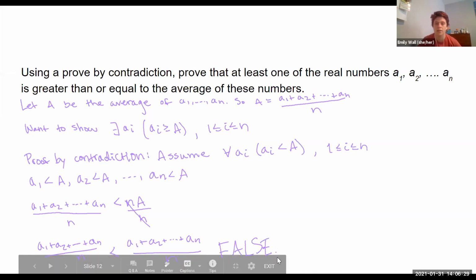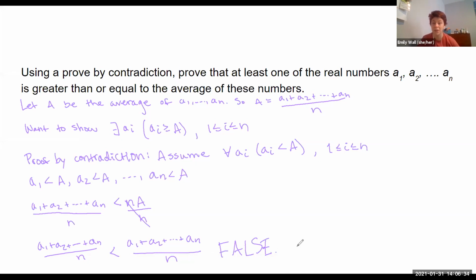Oh no, I hit the wrong button. Come back. Okay, I'm back. This is a big false. So our assumption did not work, got to a false. So by contradiction, we have shown that our assumption is false, so the negation of our assumption is true, which gives us what we wanted to show in the first place. And we're actually done. That's it.